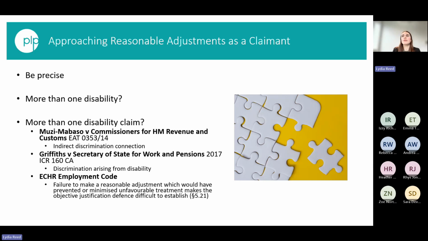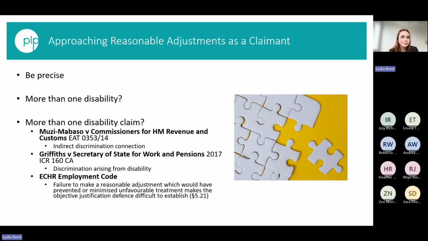So thinking through, if this is my neutral baseline PCP, how then does that affect the employee, and how can that then be alleviated with a reasonable adjustment? So bearing in mind the consequences of how you really construct it from an early stage, it is important to help your claim succeed.